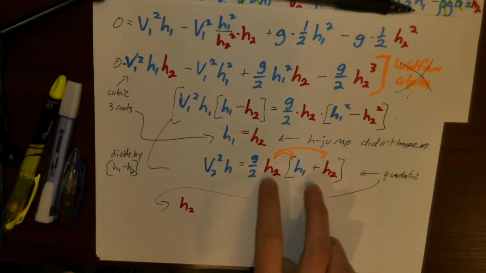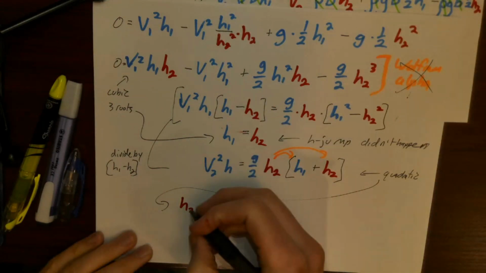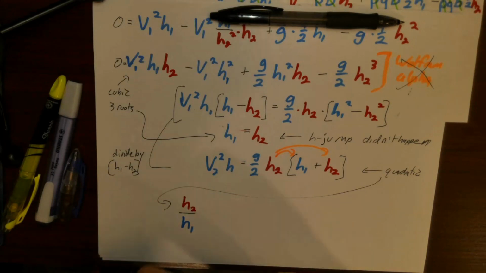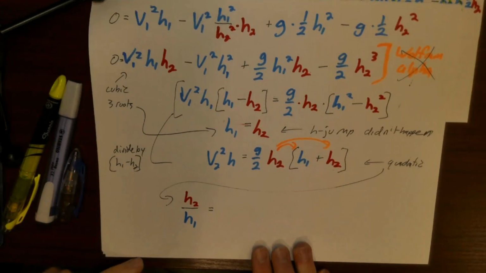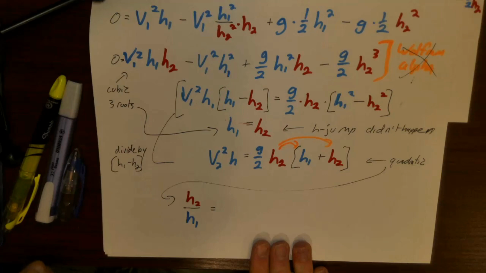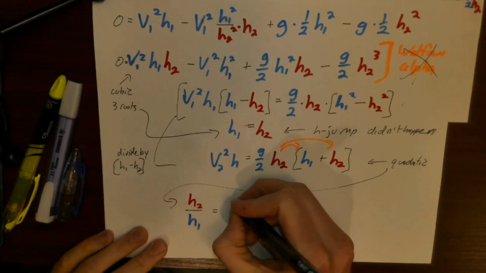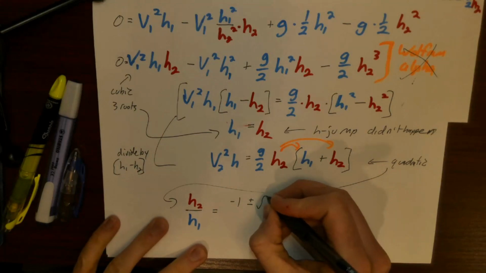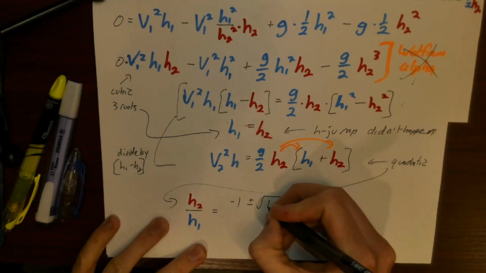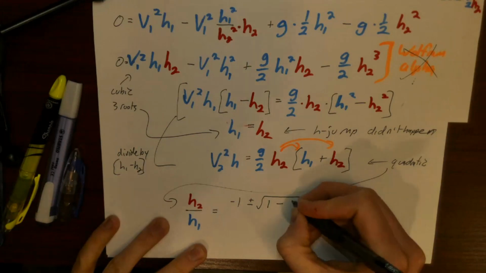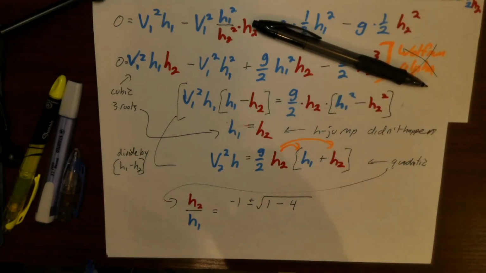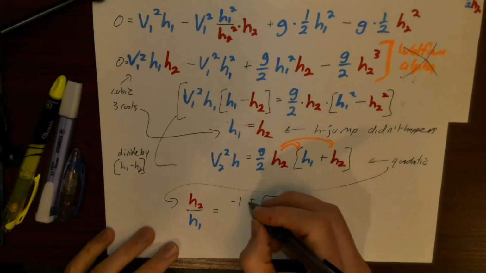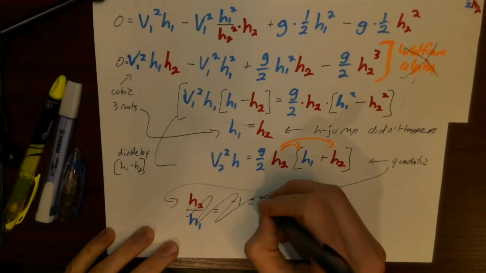H2. And actually, rather than solving for H2, I'm just going to solve for the ratio of H2 over H1. So you get H2 over H1 is equal to minus 1 plus or minus the square root of 1 minus 4. Or sorry. Scratch this out.